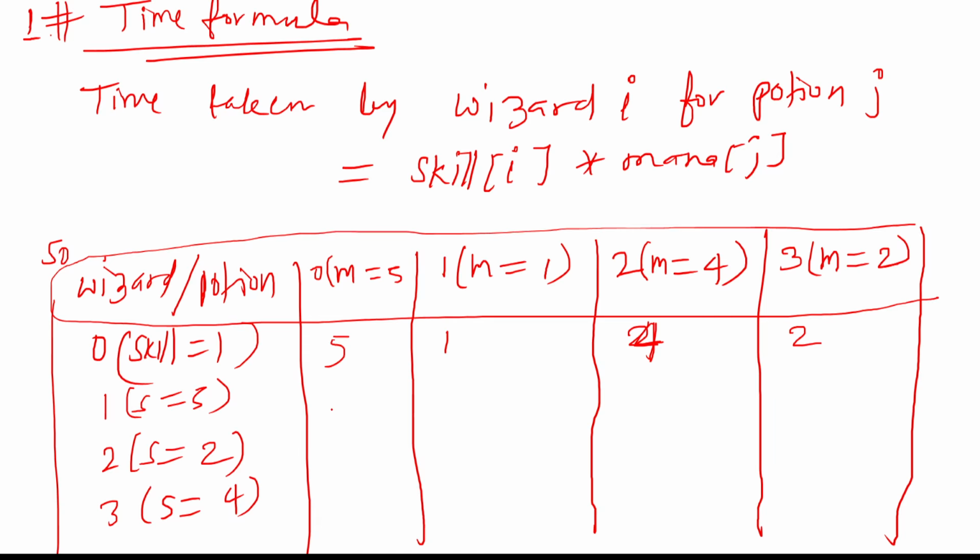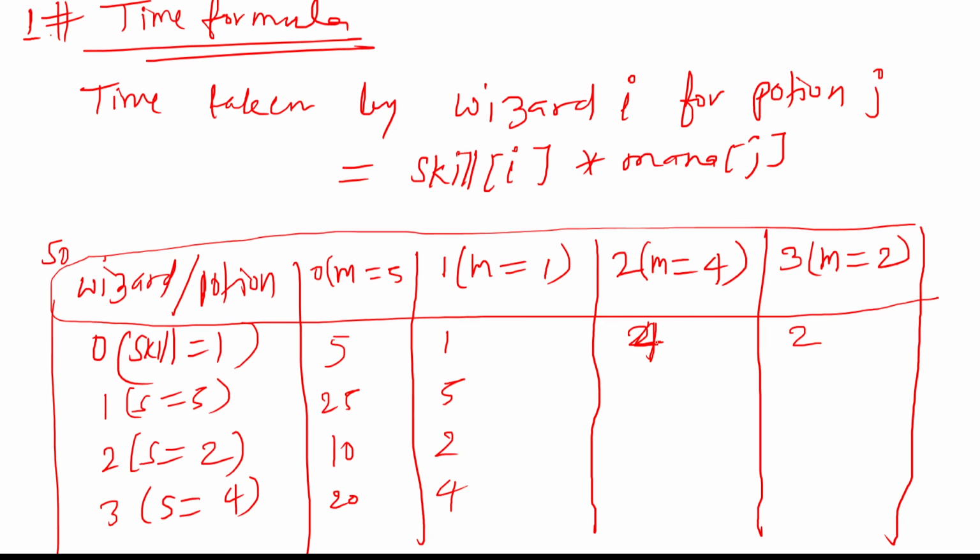Let's talk about when we have 5. So 5 into 5 is 25, right? Let's calculate directly one by one. Then we have 2 into 5 is 10, and 4 into 5 is 20. Then similarly we'll multiply with this one, so it will become 5 2 4 because m is equal to 1.